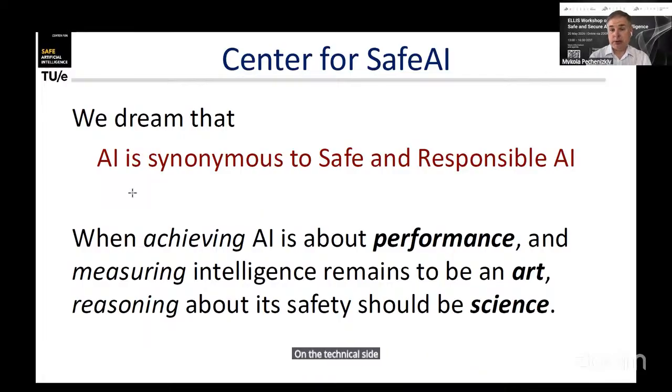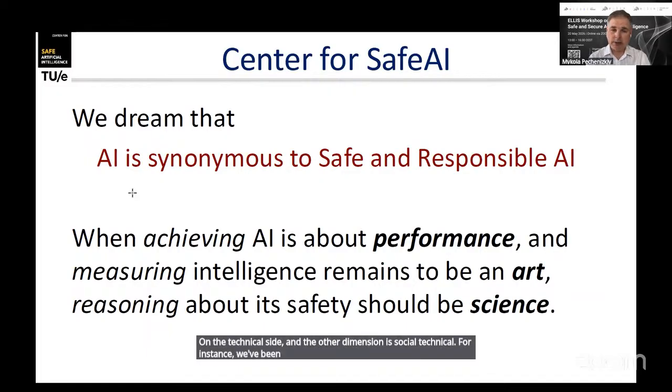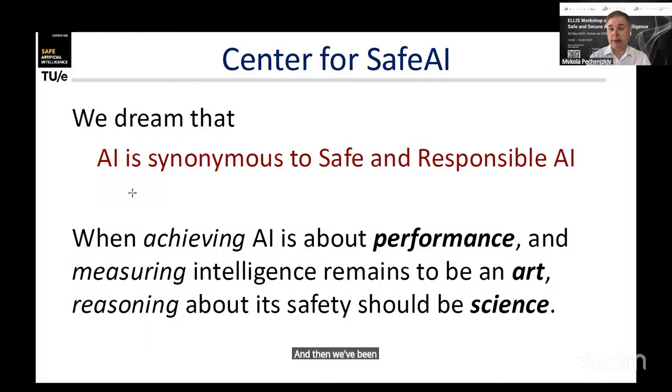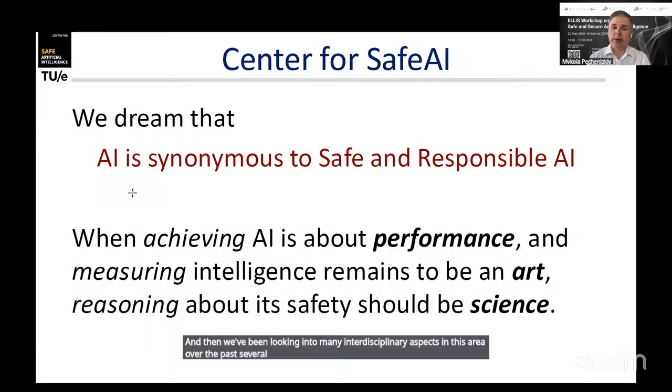The other dimension is socio-technical. For instance, we've been very active in fairness-aware research. Some of the very first papers came out from the Eindhoven lab. We've been looking into many interdisciplinary aspects in this area over the past several years, and actively continue to collaborate with legal scholars, social scientists, and philosophers in the socio-technical space as well.